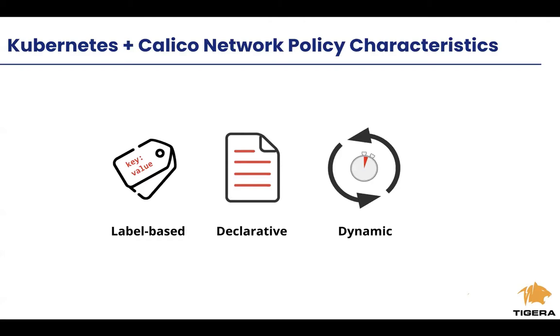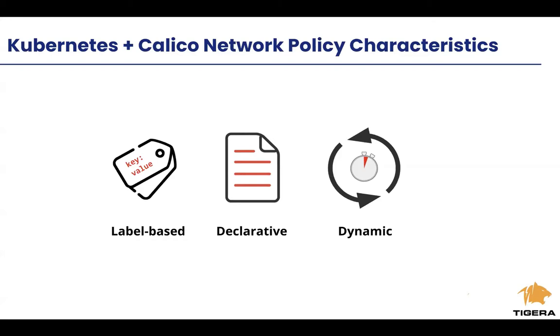Second, any network policy needs to be declarative in nature. That means you define the end state of how your application security posture should look, what you want to permit, how different components need to talk to each other, and you leave it up to the Kubernetes API to translate that and Calico to enforce that. So as you scale your application, as you add or remove applications, workloads, pods, whatever it is, you don't have to redefine your policies.